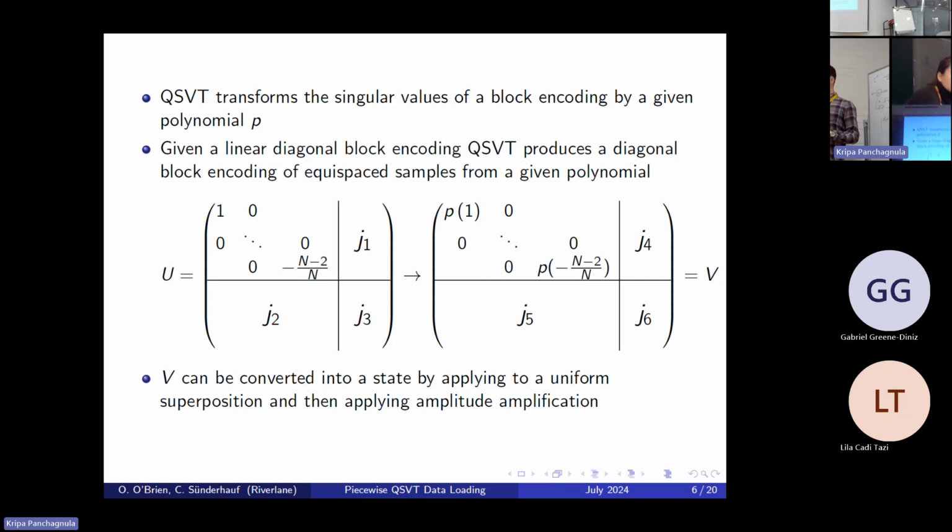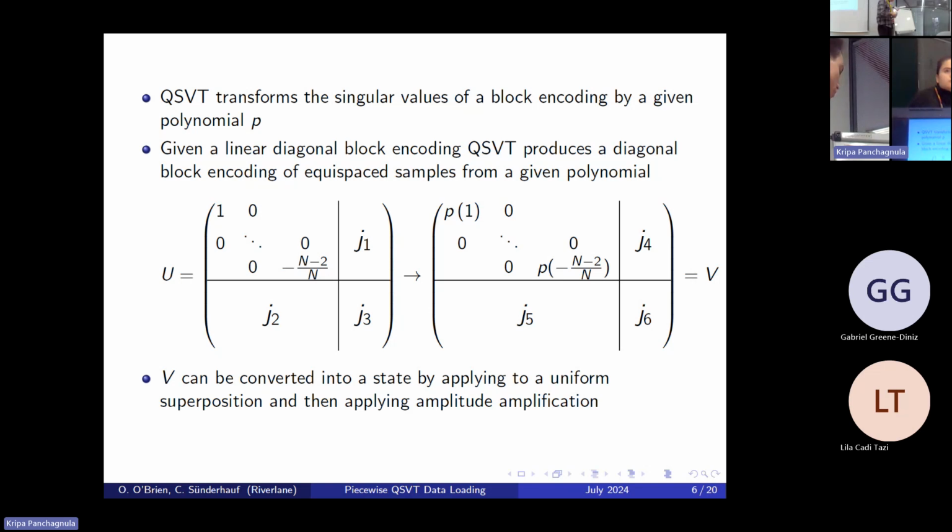So what we want is the singular values of our matrix to be equispaced. In particular, it's easiest to take a diagonal equispaced block encoded matrix. So here we have the matrix that goes from 1 minus 2 over n all the way down to -1 plus 2 over n. Then I do the polynomial transformation of the singular values, which are just the diagonal values, and I get the matrix on the right.